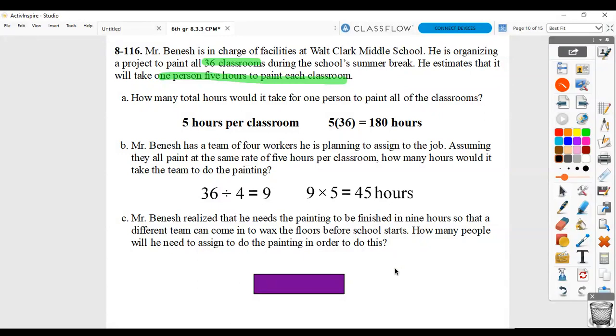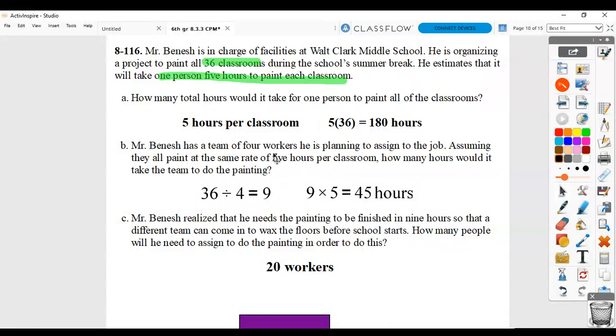For C, Mr. Banesh realizes that he needs the painting to be finished in 9 hours so that a different team can come in and wax the floors. How many people will he need to assign to do the painting? In other words, how many people does he need so he can get this done in 9 hours instead of taking 45 hours? So again, one way to do it would be to say, okay, 45 divided by 5 is 9, which means we have to have 5 times as many workers as we had before.